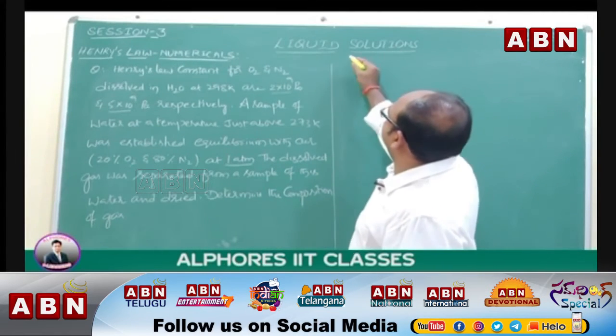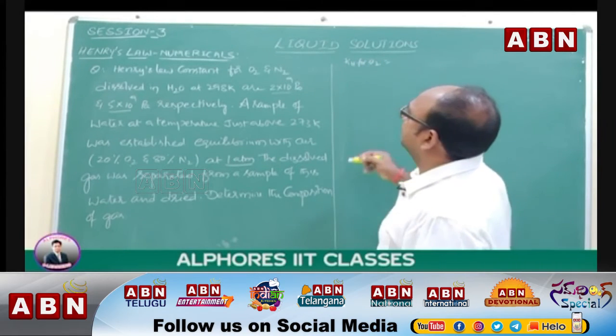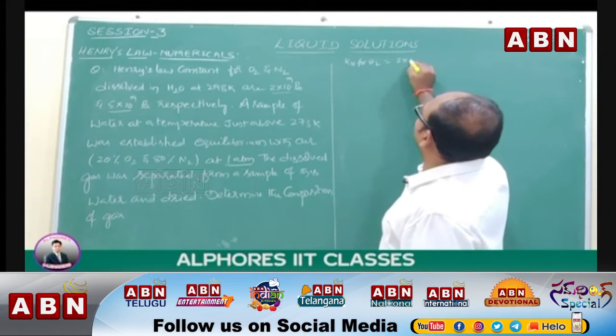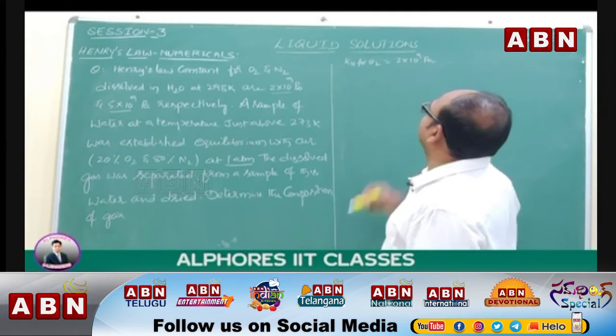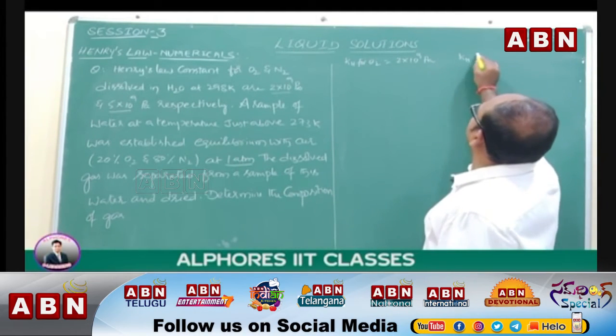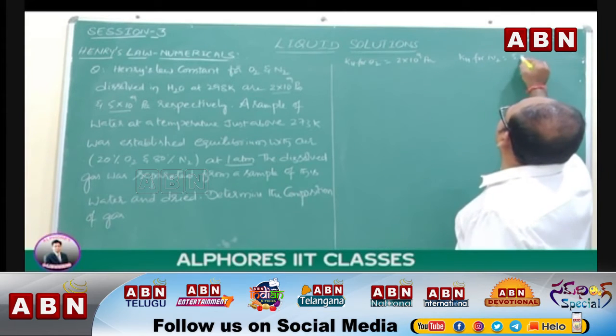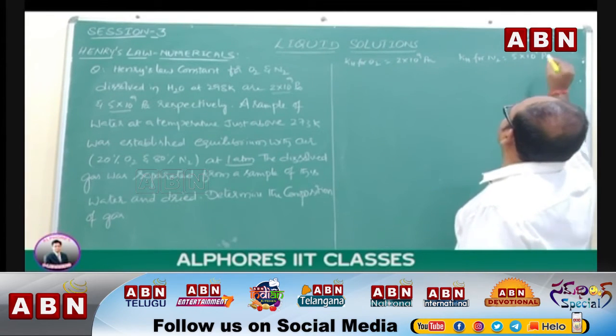Let us see here. KH for oxygen is given as 2 into 10 power 9 Pascal. Similarly, KH for nitrogen is given as 5 into 10 power 9 Pascal.